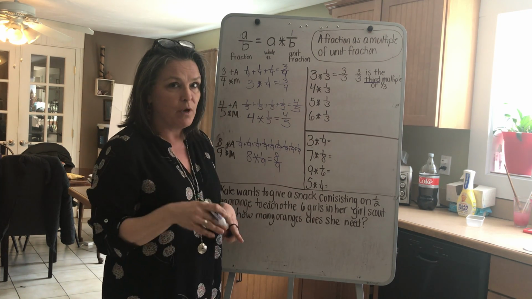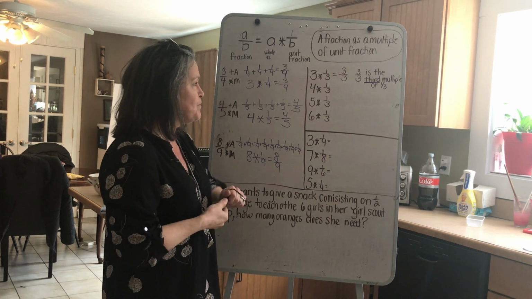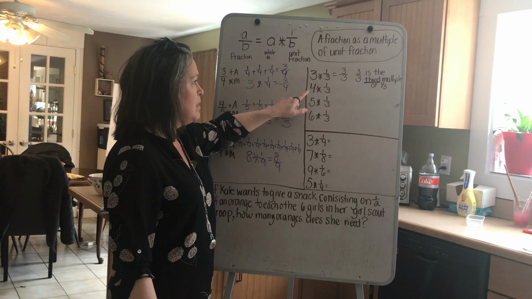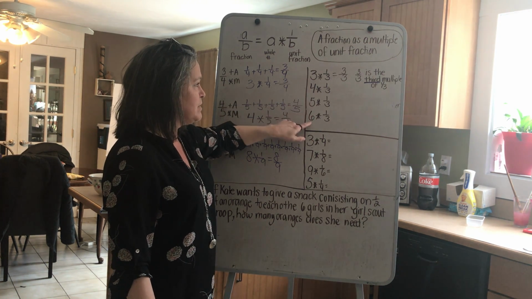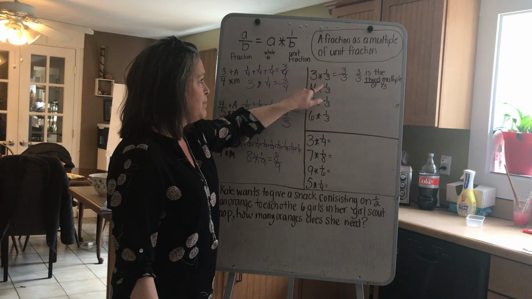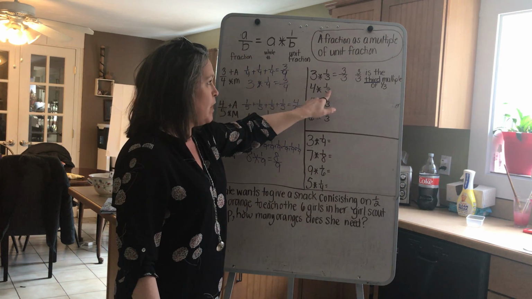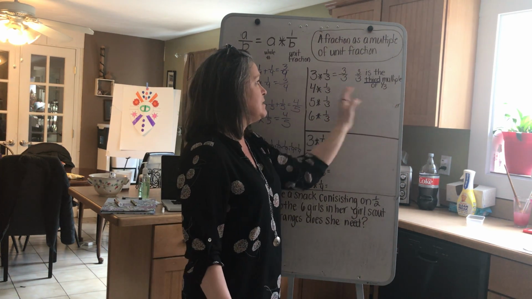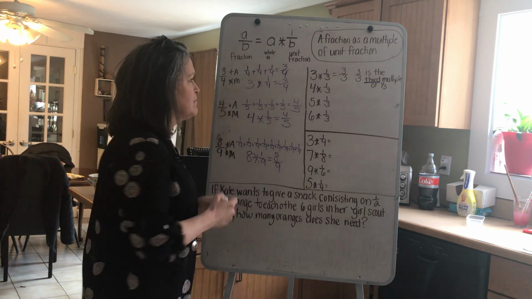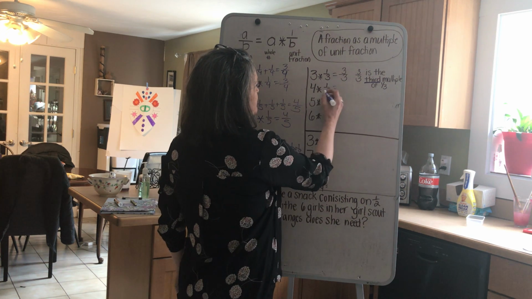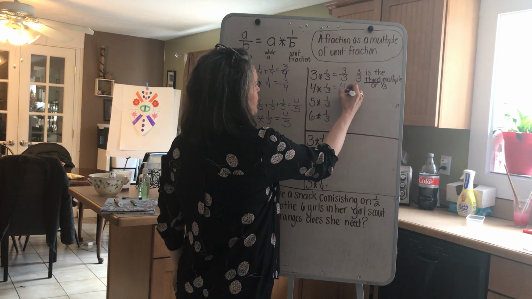So again, if you want, try to pause the video and see if you can solve these next 3 problems on your paper. 4 times a third, 5 times a third, 6 times a third. Remember, we're just multiplying the whole number by the numerator, denominator staying the same. Figure out what multiple it is of the given fraction. Okay, so if we did this, 4 times 1 gave us 4/3.